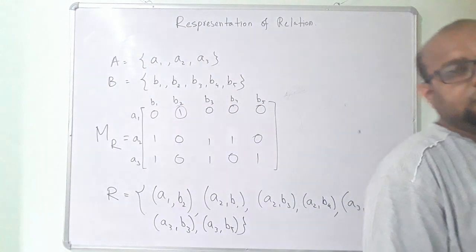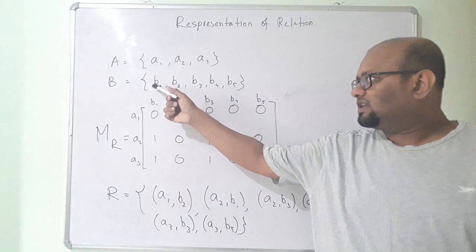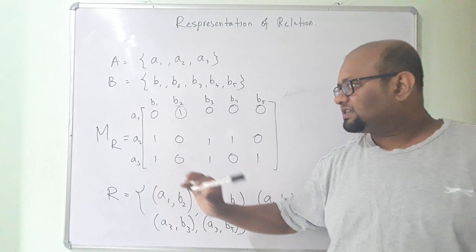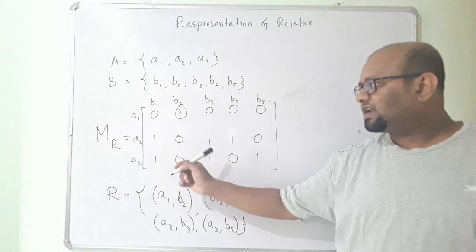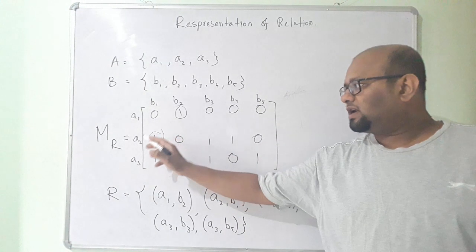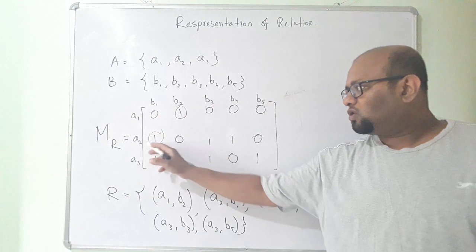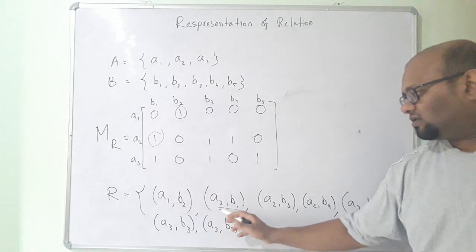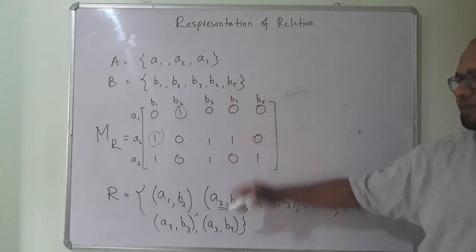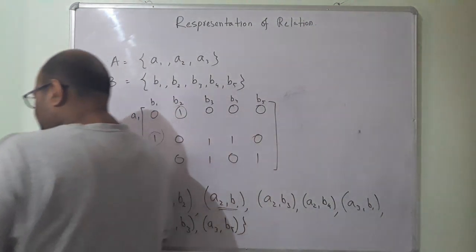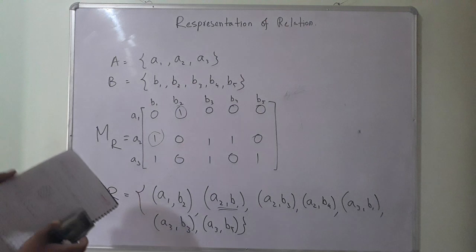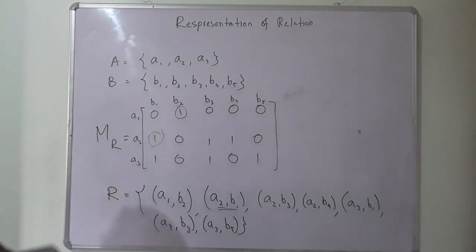These two sets are given and this relation is given in this matrix representation. If there is a 1, then A2, B1 would belong to my relation. So from this matrix representation I can get down to this set representation.